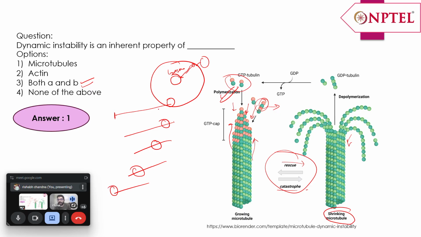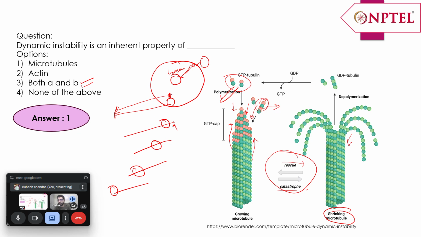And likewise, it will add or polymerize the tubulin protein from here. This will help in movement of the vesicle from the cell membrane to the lysosomal membrane.